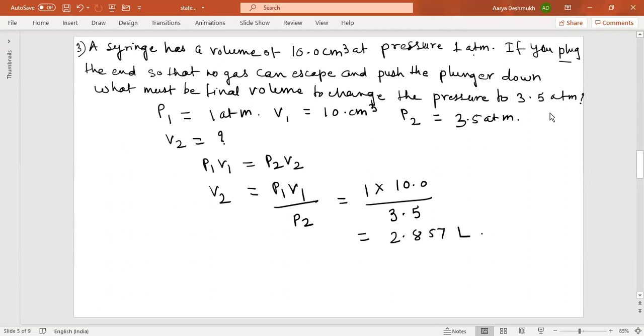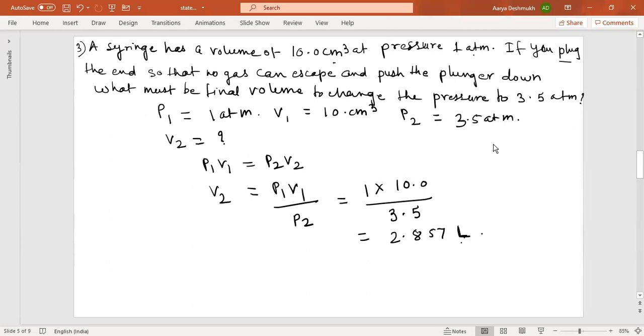liters. So the syringe had the volume of 10 cubic centimeter, which is given in cubic centimeter, and you are getting the answer here in liters. You can convert this into cubic centimeter, but it doesn't make any change.